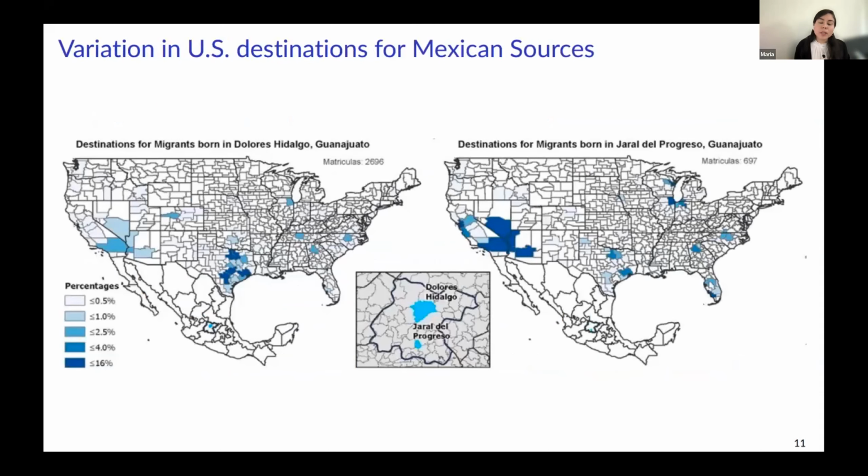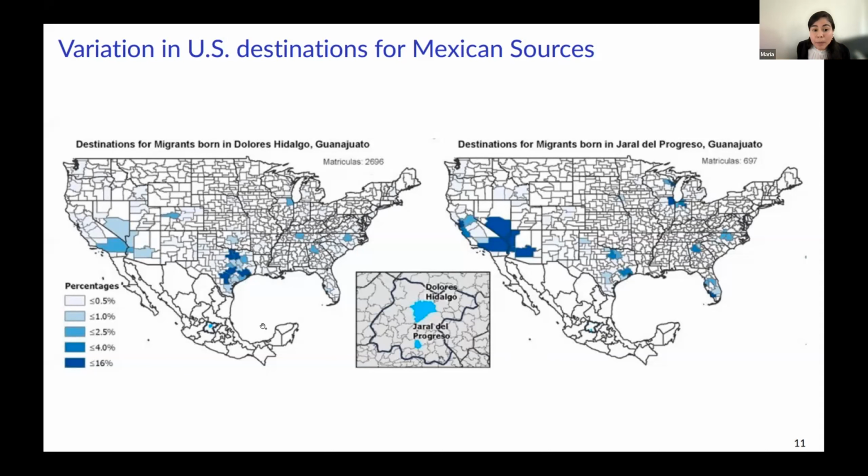And here in these maps, you can see an example of the type of variation that we have in the network using this data set. This map shows the destination distribution of 2 Mexican municipalities located in the state of Guanajuato in Mexico. You see that they are very close to each other, in fact about 3 hours apart by car, and yet they tend to send migrants to very different places in the US.